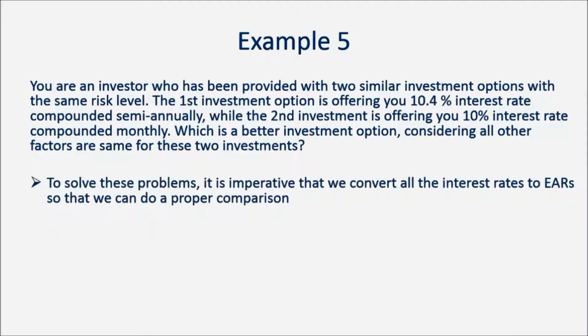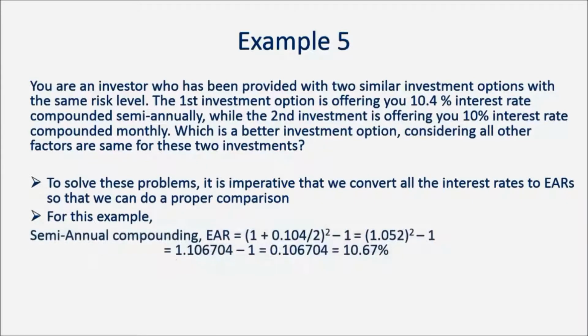To solve these problems, it is imperative that we convert all the interest rates to EARs so that we can do a proper comparison. In our current example, for semi-annual compounding, effective annual rate will be 1 plus 0.104 divided by 2 whole to the power 2 minus 1, which comes out as 10.67%.